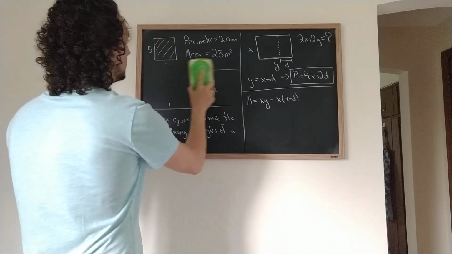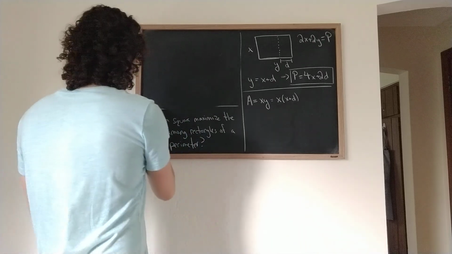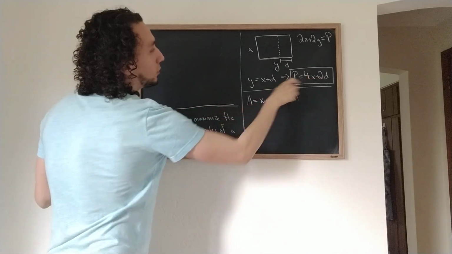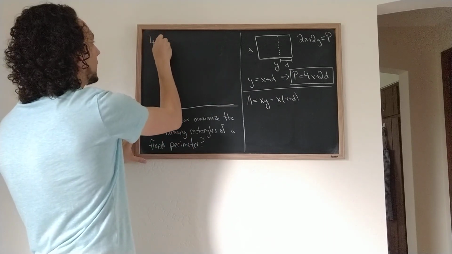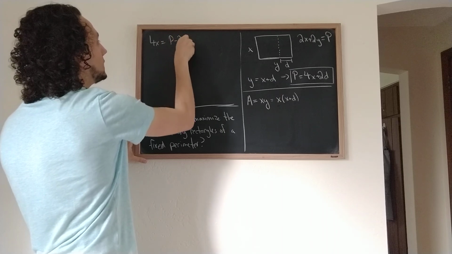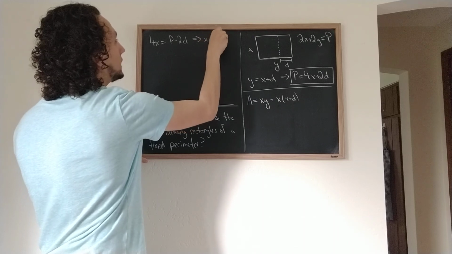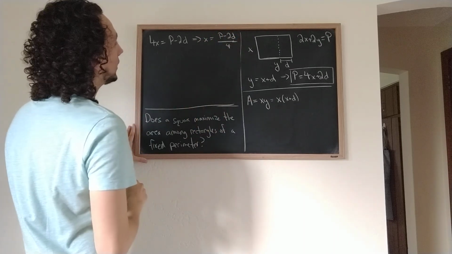I'm going to use some space over here to make it a little bit clearer. We can solve this equation for x. So we get that 4x equals p minus 2d, which implies that x equals (p minus 2d) over 4.